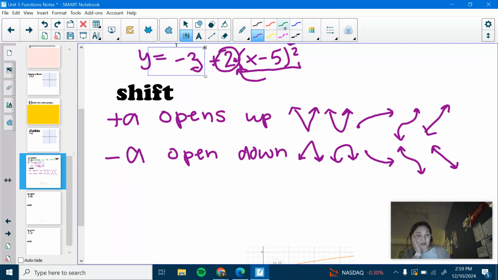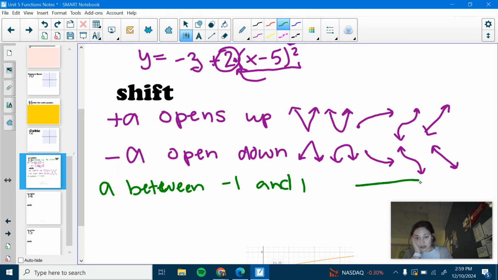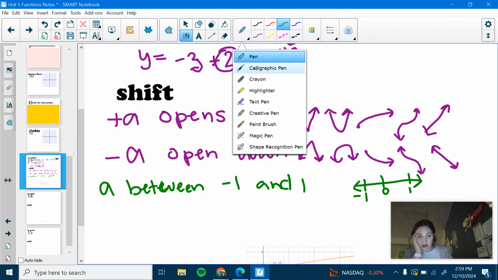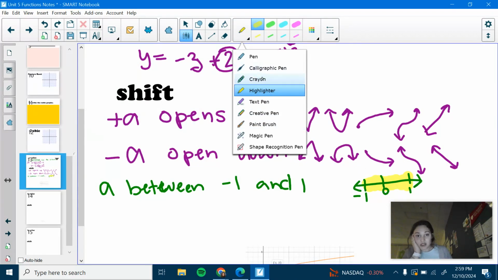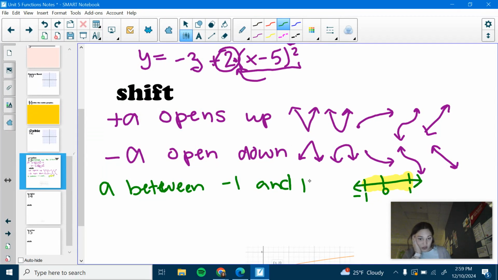Now a can also make a difference in the shape. When our a is between -1 and 1, so on a number line, 0 is here, I've got 1 over here, I've got -1 over here. We're talking about when we are in between, okay? In those small decimal ranges, when we are in between there, our graph gets wider.